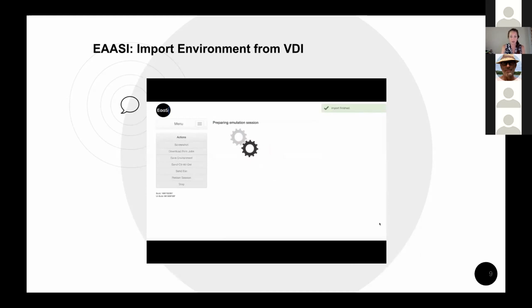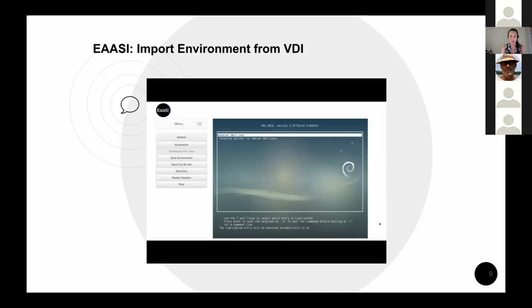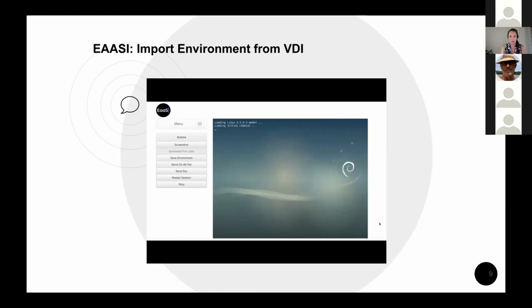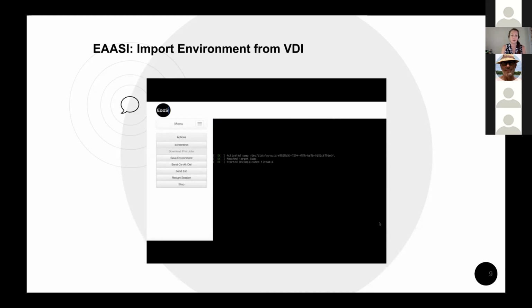But once it is loaded, it looks much like the use cases that we've seen, where the operating system starts up, it runs its tasks, and you can see all of that happening. I think I sped all of this up. I should have, anyway. You can see that it's running, but it's running pretty slowly. The content files, as I mentioned, would also need to be loaded, which is possible to do, to edit an environment once it's imported.